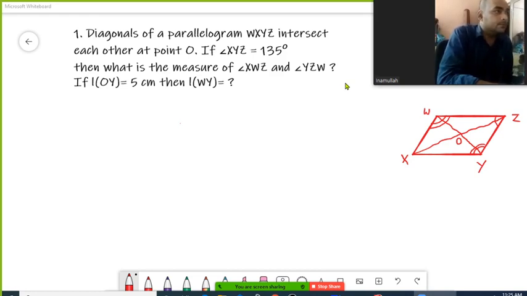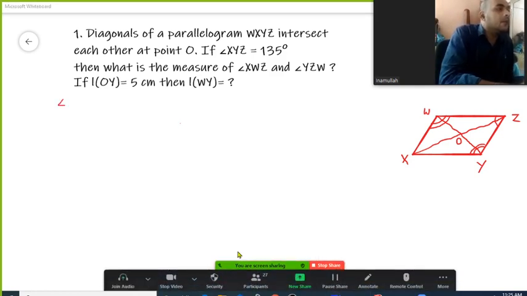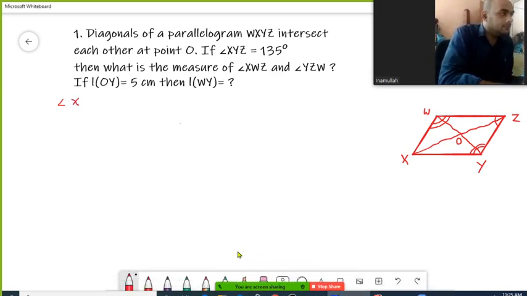So angle XWZ is equal with angle XYZ, and each is of 135 degree.